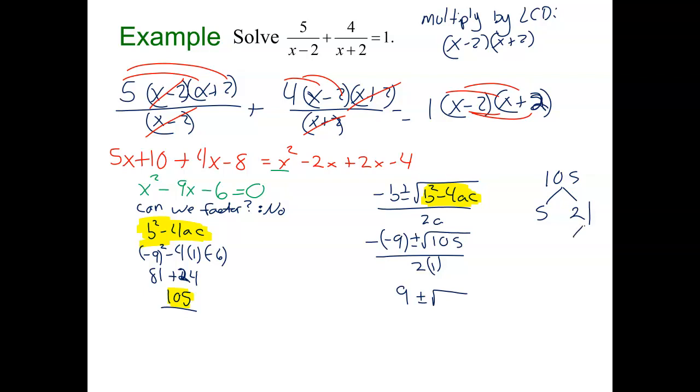Okay. Does 21 have any factors that are perfect squares? No. So I can't simplify 105. And 2 times 1 is 2. There we go. We did it. So if I can square root my discriminant, that means I can factor. If I can't, then just finish quadratic formula.